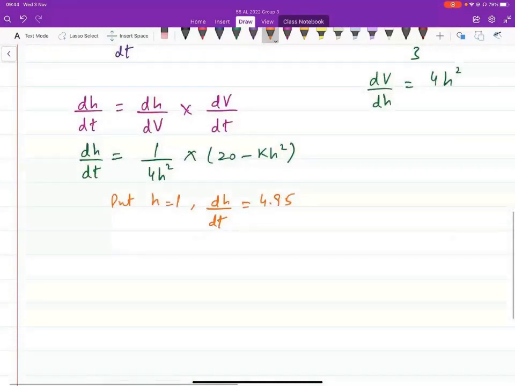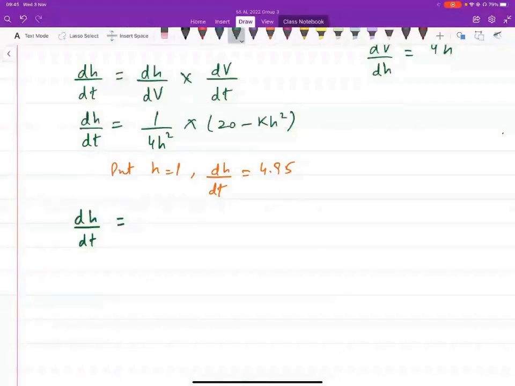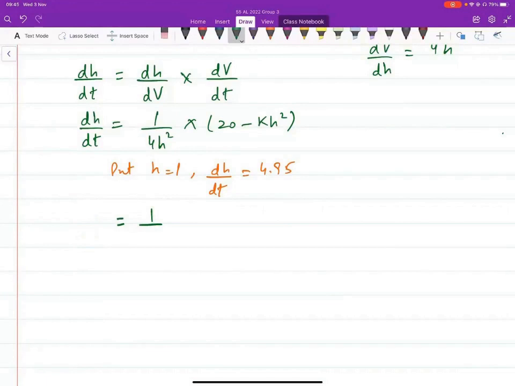We're just inputting that here. dh over dt, that was 4.95, equals 1 over 4 into h square, which is just going to be 4, into 20 minus kh square, which is again k into 1 square.